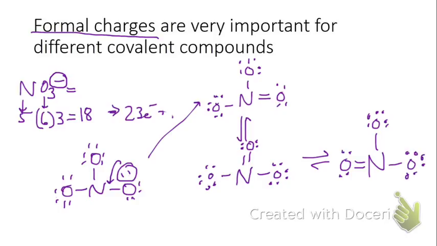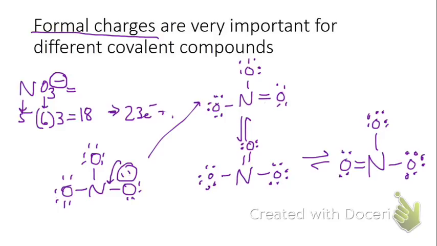These are known as resonance structures. Resonance structures do not change the atoms in the molecule, it just changes the way they're bound. As you can tell, the double bond is to the right, or up, or to the left. It's the same molecule, the same NO3 minus, it's just the way that double bond is formed that is different.